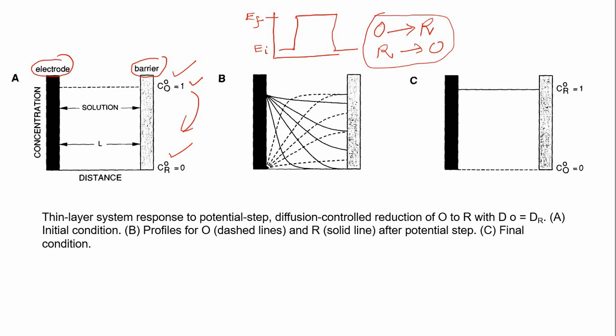Now if at any time the potential is stepped back to a value where the reduced species can be converted into oxidized species, that is at a rate controlled by the diffusion constant, which is equal to the oxidized species diffusion constant, then this situation that we see will be restored. That is, it will go back to the oxidized species.